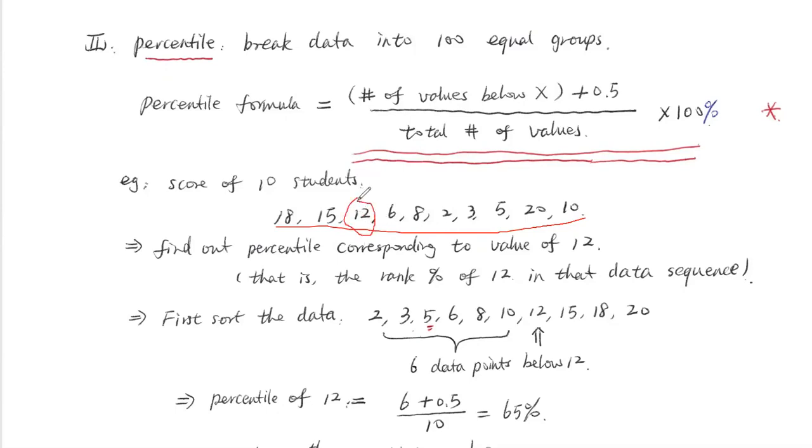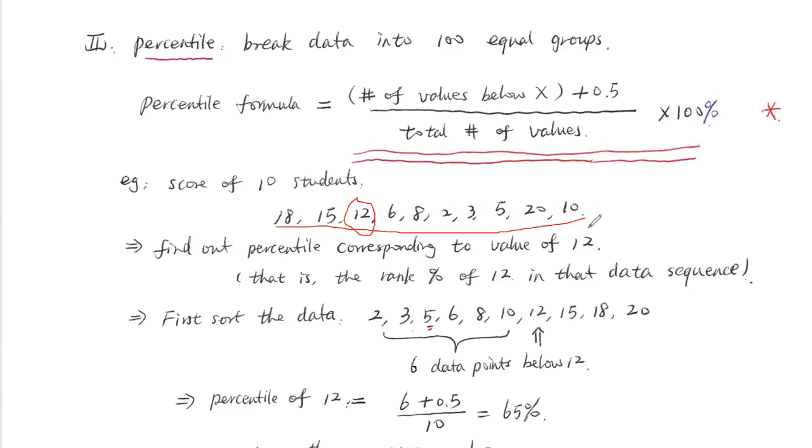The person got a 12. So we want to find out what's the position for that student. Is he or she in the top 20% or in the bottom 30%? What's the percentile for that student? So how do we calculate the corresponding percentile given this information?